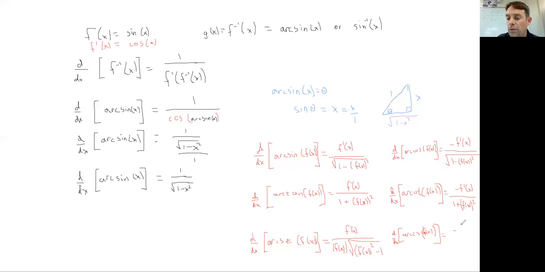And we end up with the derivative again, a negative derivative, all over the absolute value. I think it's kind of fun to have that absolute value out there. And f of x squared minus 1. And I did run out of room. I was worried about that. Actually, no, I got it. Okay. So these are our last 6 derivatives.